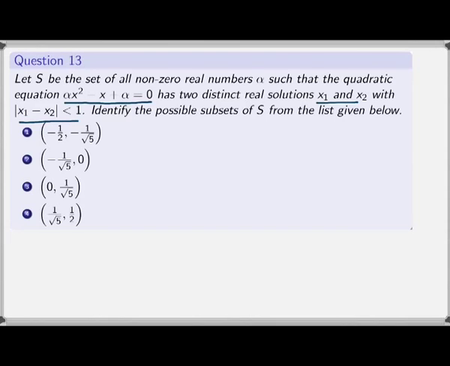For that, we first recall that for a real quadratic equation ax square plus bx plus c equals to 0, we know it has distinct real solutions if and only if b square minus 4ac is strictly bigger than 0. So using this, we get here one condition that 1 minus 4 alpha square has to be strictly bigger than 0.